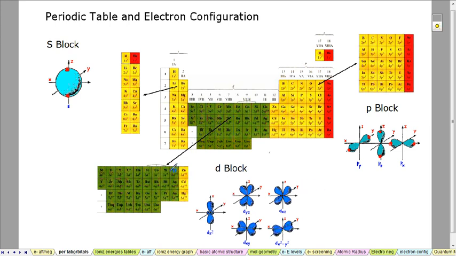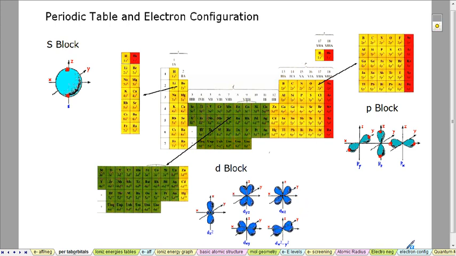We have 10 elements across the D block, 5 different types of orbitals. So 2 electrons in each orbital, even though we see these almost like double dumbbell type things going on, but you would put the energy of 1 electron into each half of the orbital, and that's the way the electrons exist. And the math tells us that this is what the orbitals look like. So it may seem counterintuitive, but that's just the way it is.